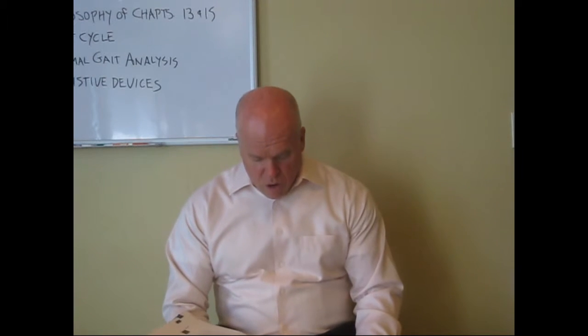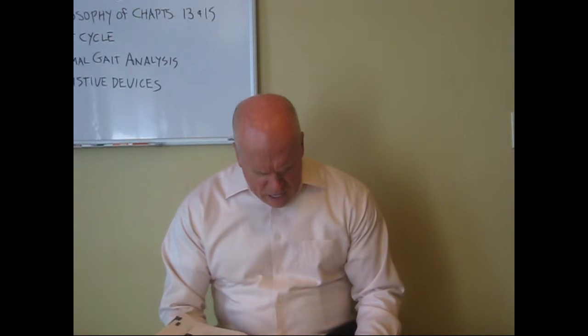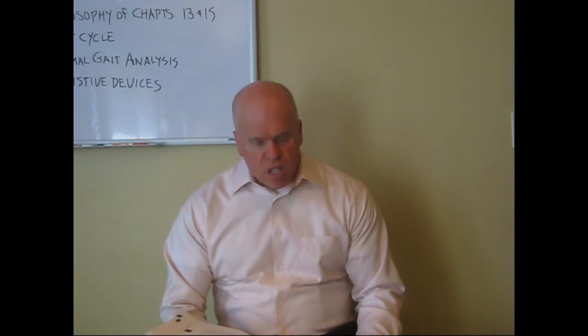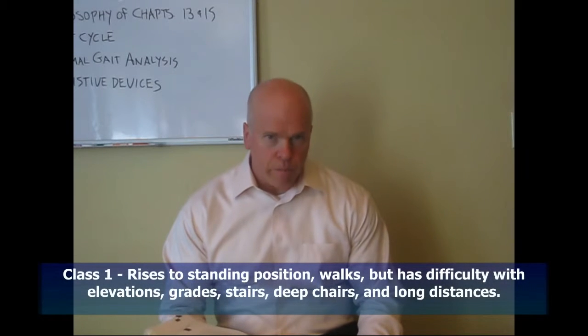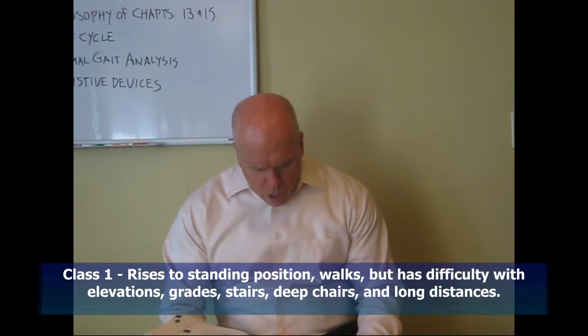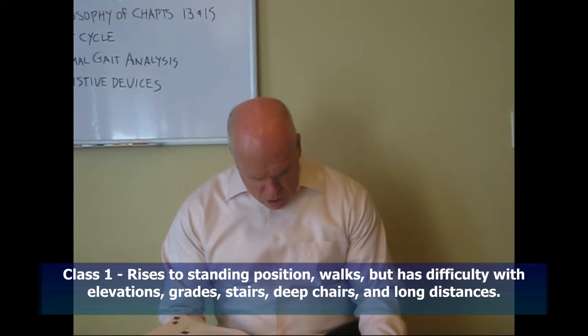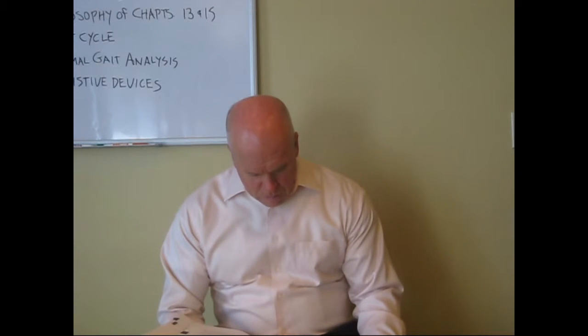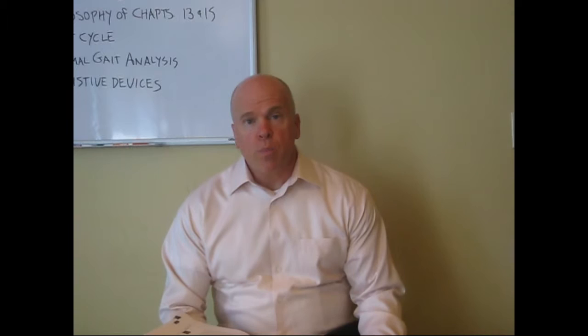Okay? So let's describe these. So for example, a class 1 impairment is an examinee who is able to rise to a standing position. They're able to walk, but they have difficulty with elevations, grades, stairs, deep chairs, and long distances. So I want you to picture this examinee in your mind.